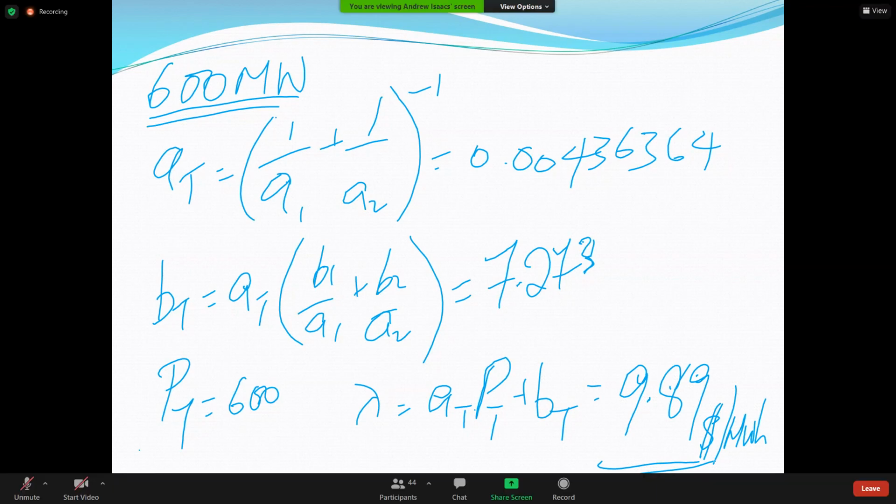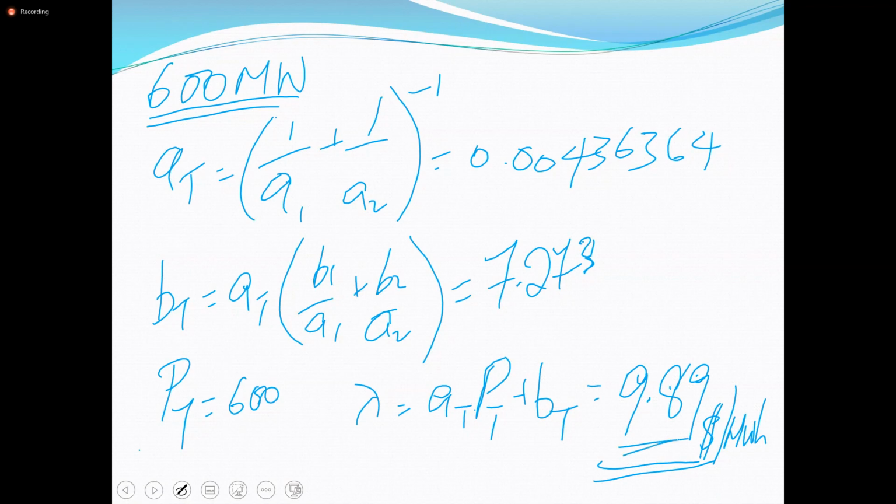All right, so lambda is equal to $9.89. Now, the theory we have already established is that for the plant to be operating on economic dispatch, both units must be operating with the same lambda. So I now substitute lambda into the equations for P1 and P2.